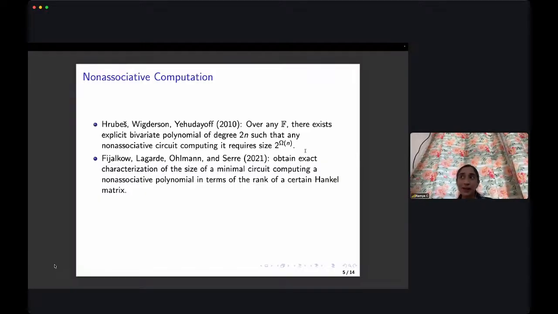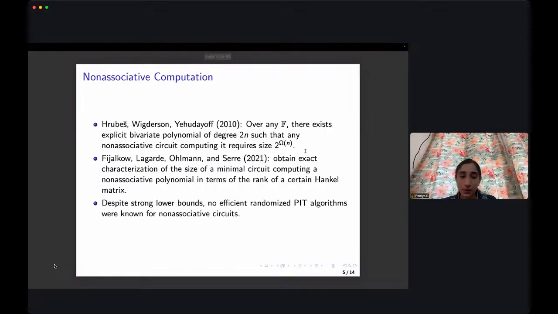So you would expect efficient identity testing algorithms, but despite strong lower bounds, we did not know any efficient PIT algorithms. In fact, even in the randomized setting, no algorithms were known. So in this talk, we will mostly look at PIT algorithms for non-associative polynomials.